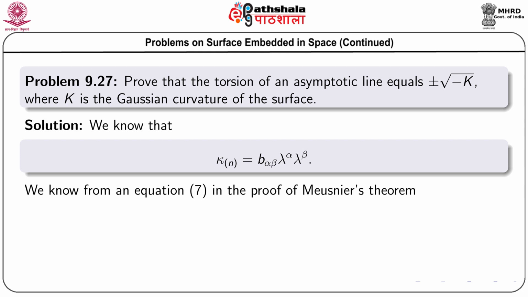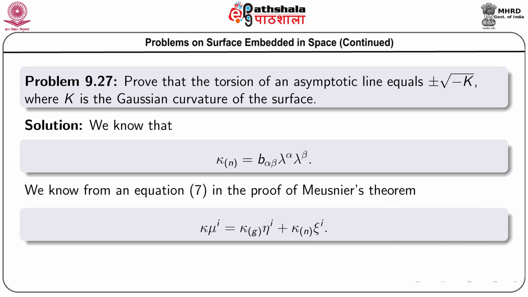Now, from the proof of Meusnier's theorem, there is an equation number 7, which gives this relation, that kappa mu i equals kappa g eta i plus kappa n xi i, where kappa g is the geodesic curvature, kappa n is the normal curvature of the surface, and kappa is the curvature of a curve on the surface which has the same tangent vector.